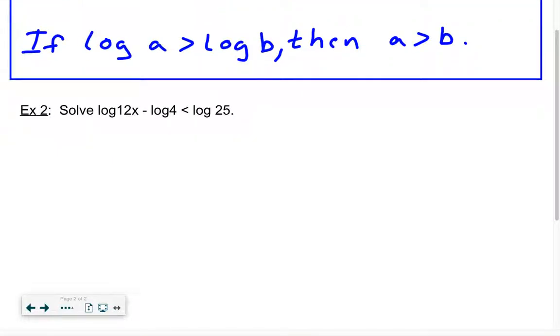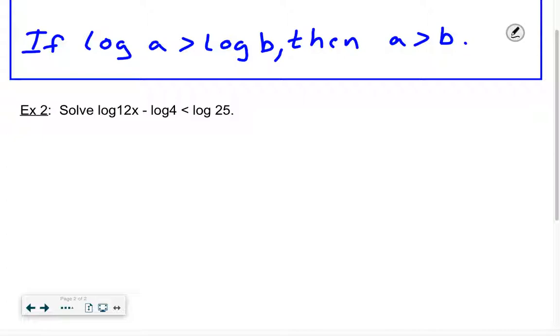So the last one, then we'll practice some of these. We have solve the log of 12x minus the log of 4 is less than the log of 25. Thoughts on what we'd like to do here to begin with? Let's see if we can't condense it down on the left side.